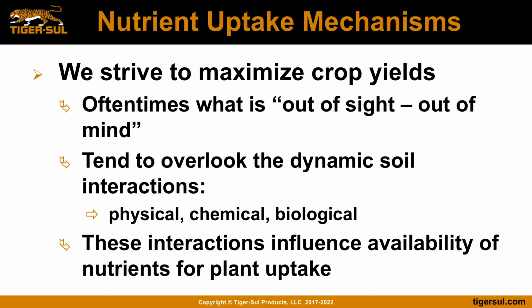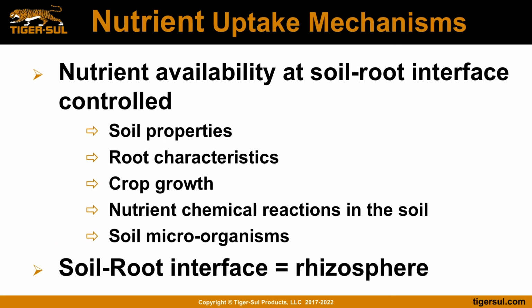We tend to overlook those dynamic soil interactions, whether physical, chemical, or biological, and even the plant that's above ground and what's going on internally, all of which influence the availability of nutrients for crop uptake.